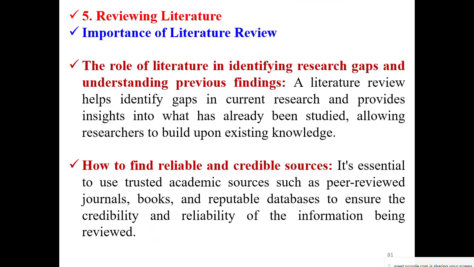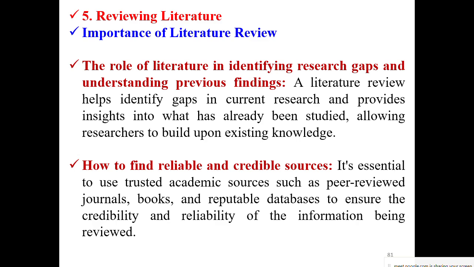Then the last topic is reviewing literature, the importance of literature review, the role of literature in identifying research gaps and understanding previous findings. A literature review helps identify gaps in current research and provides insights into what has already been studied, allowing research to build upon existing knowledge.